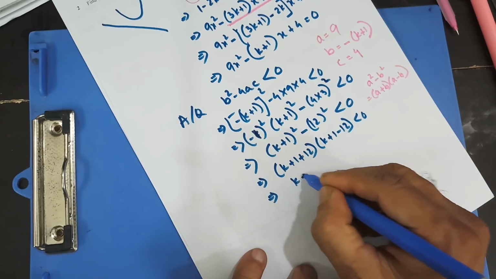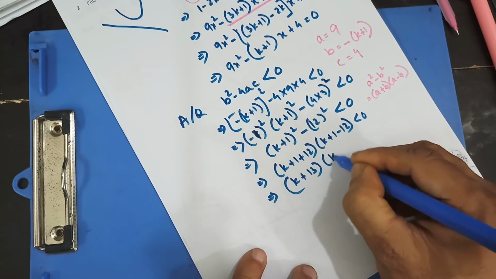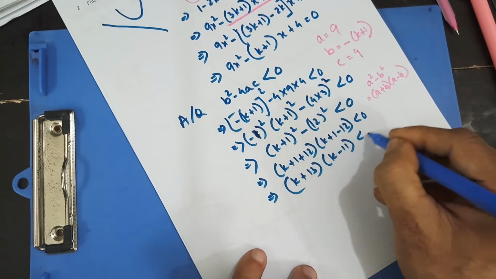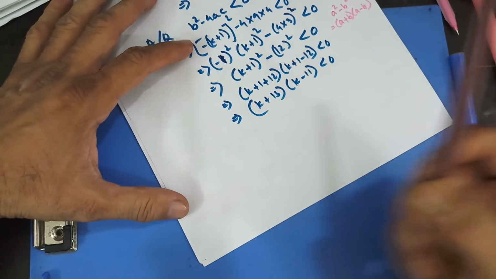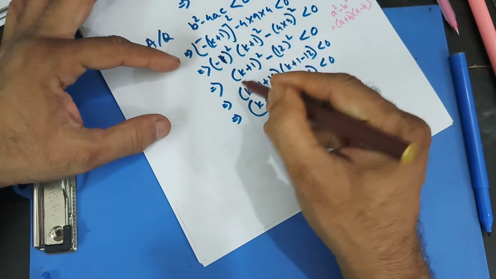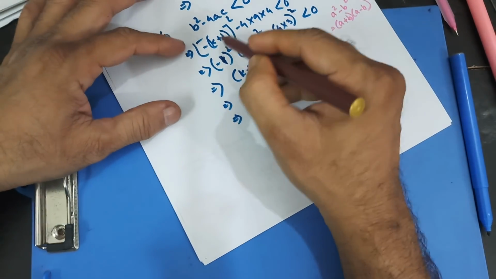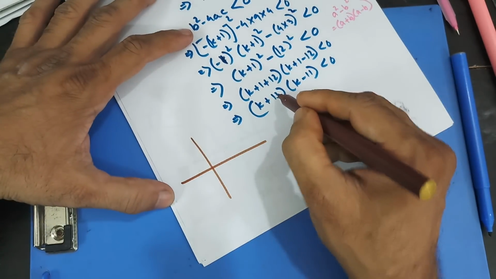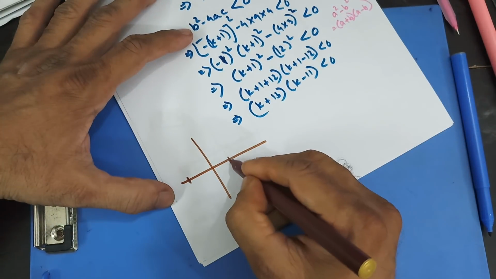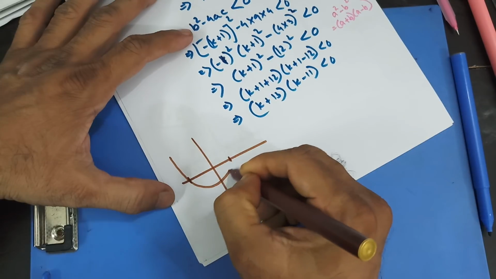So it's going to be (k plus 13) and over here (k minus 11) is less than 0. Now, what this actually means is that k over here, whenever we had this one was positive, so this thing is going to be minus 13 somewhere, and that's going to be 11. The graph should be looking something like that.